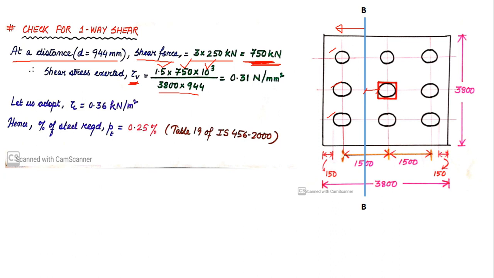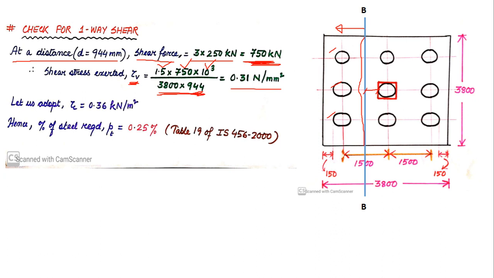The area will be 3800, because the section that I have considered is from here to here. So the width is 3800, and the depth will be equal to the effective depth, that is 944 millimeter. This gives me the area which is resisting the shear force. If you solve this, you will get the value as 0.31 Newton per mm square.